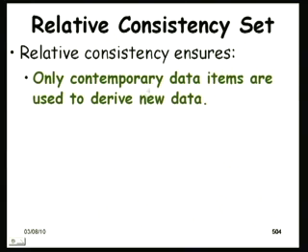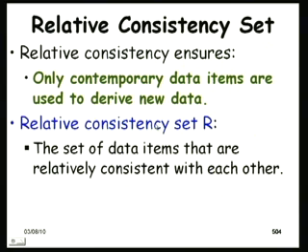The relative consistency requirement ensures that only contemporary data items are used to derive new data. We were just mentioning that unless the data that have been used to derive a new data pertain to the same time period, we will get a wrong result.